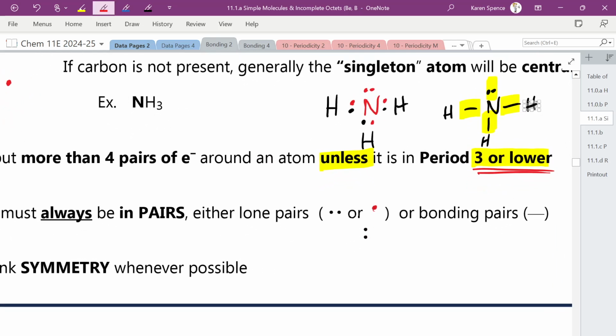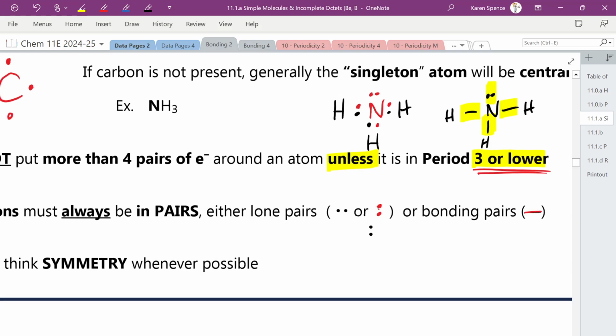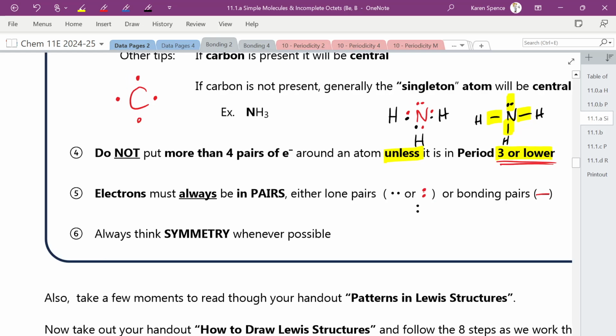Oopsie, this was supposed to be up here. It wandered away. Or in bonding pairs. Like I said, there's a few exceptions, but we're going to ignore them. And when in doubt, think symmetry. When in doubt, make it symmetrical. Yes? Unless I tell you otherwise.